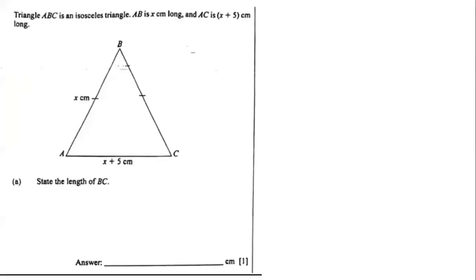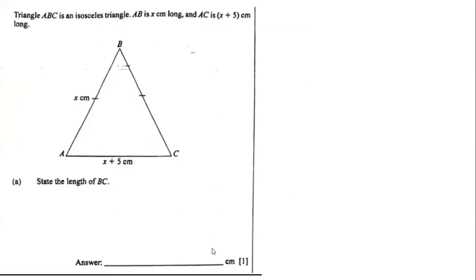This one says a triangle ABC is an isosceles triangle. AB is x centimeters long, and AC is x plus 5 centimeters long. By the way, when we say isosceles, what do we mean?